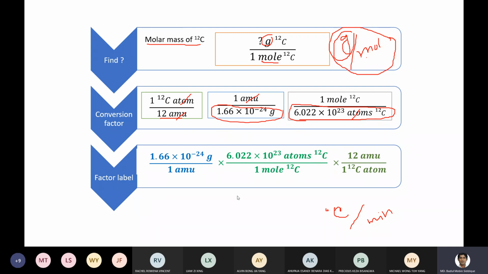In this way, we have to formulate smartly so that we can find the asked unit in the way that we want it to be. And now in this case, if we cancel out all those units, we will see that it is gram per mole. It is gram in the numerator, and mole is the denominator, so it is gram per mole here, just 12 gram per mole.